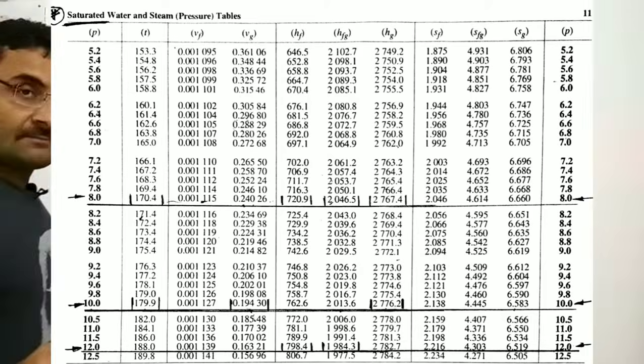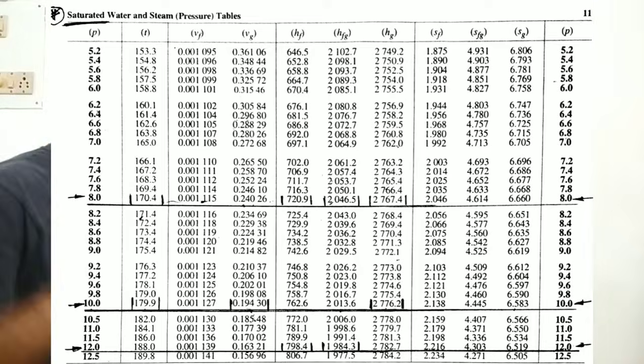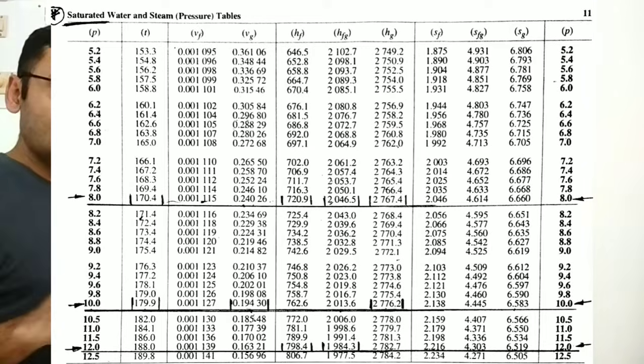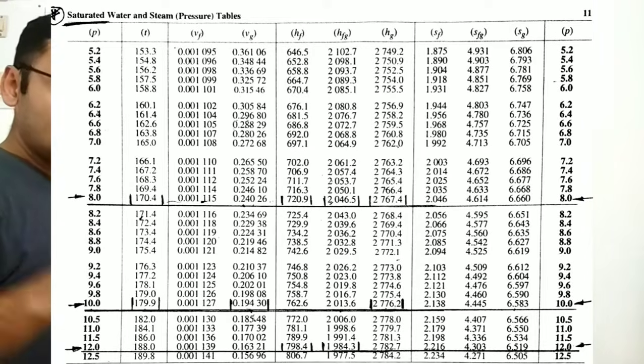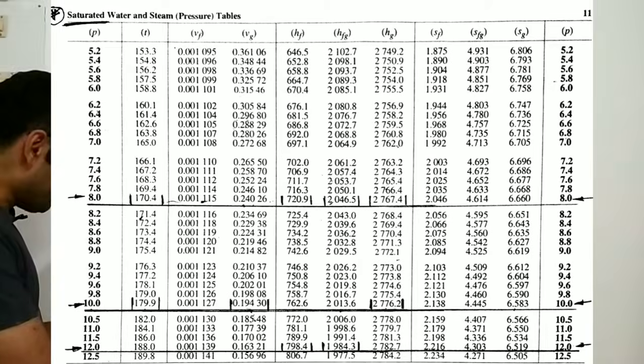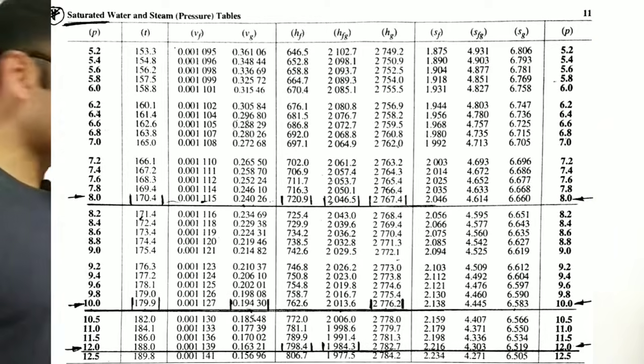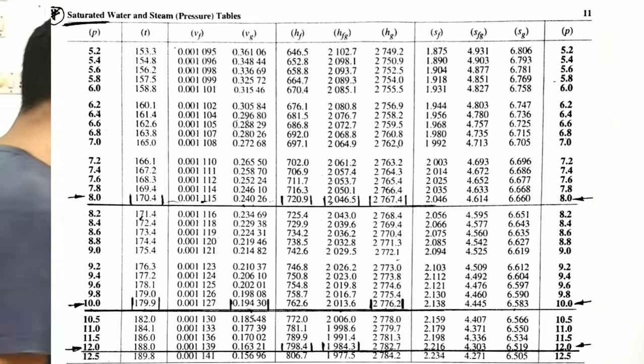Now in this steam table, on the left hand side corner of that steam table, I have underlined one thing, that saturated. So that means that steam table is based on saturated things. So that is why in front of 8 bar pressure, whatever temperature that you are able to see, which is 170.4, that temperature is which temperature? Saturated temperature.